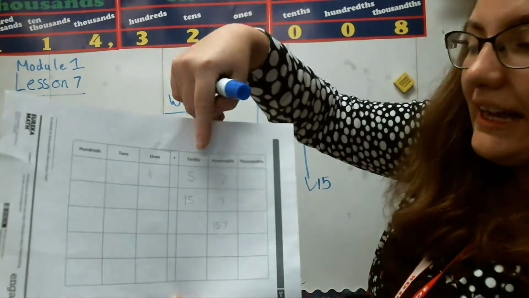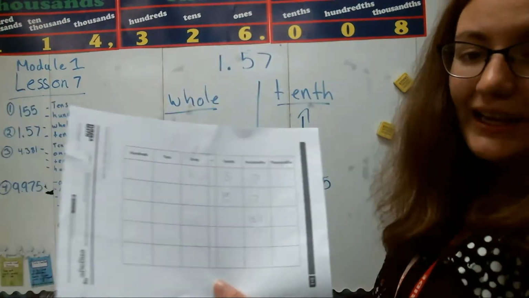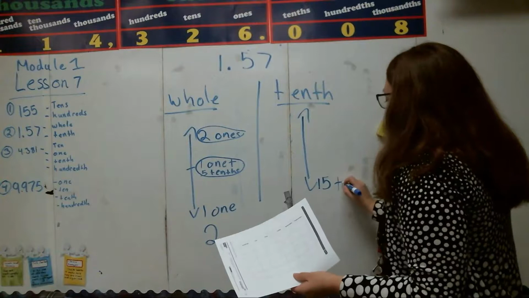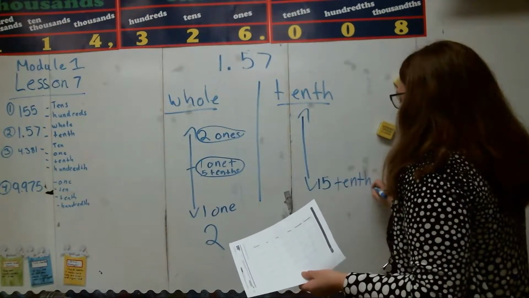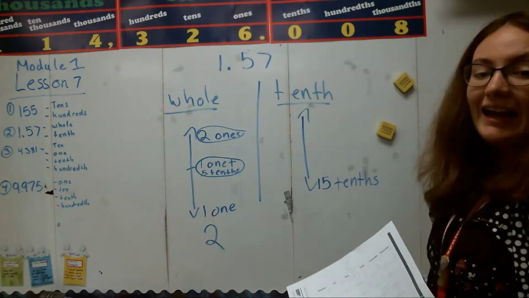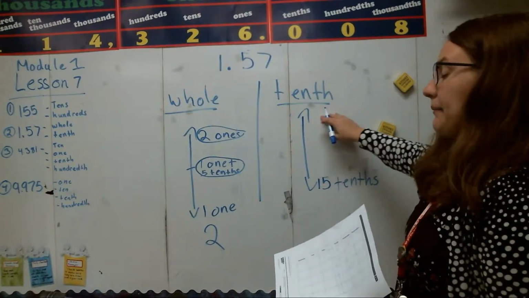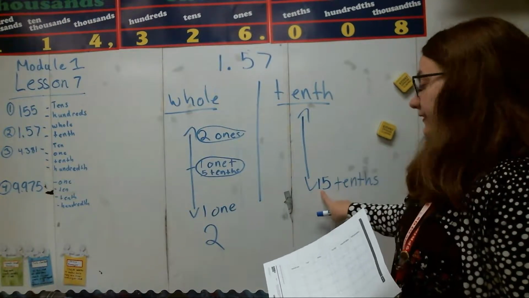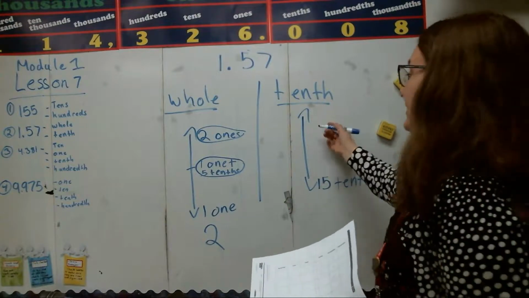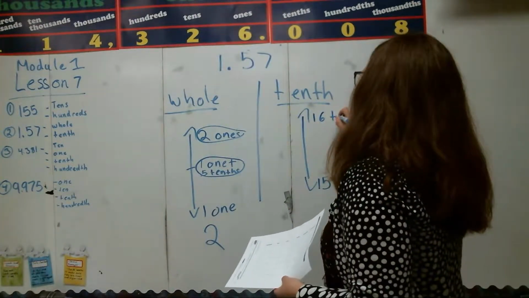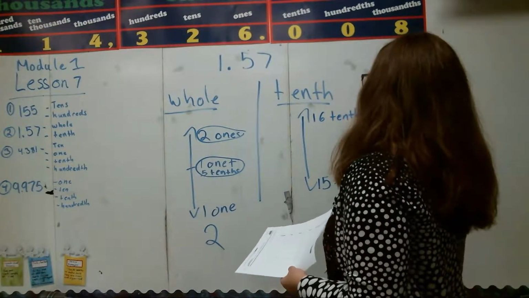And then up above that, I see that it's in the tenths place, so that's the unit I will write here. So 15 tenths. And then, remember, I have to fill in the top of my number line, so I think about what is 15 plus 1, and that is 16. So I have 16 tenths.